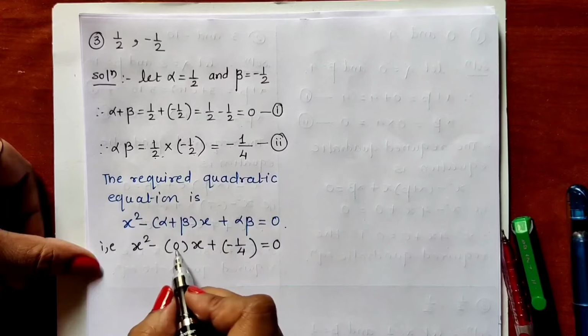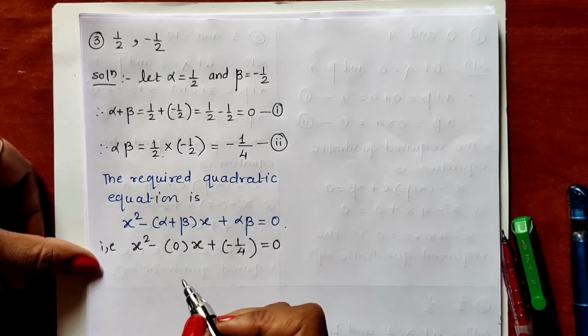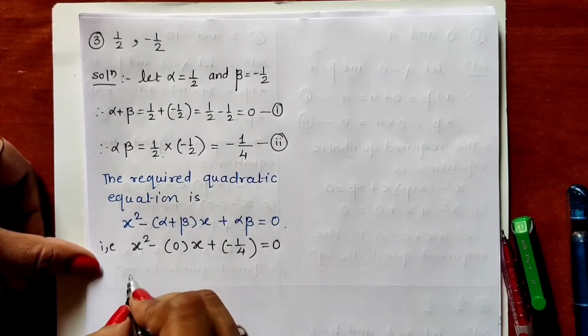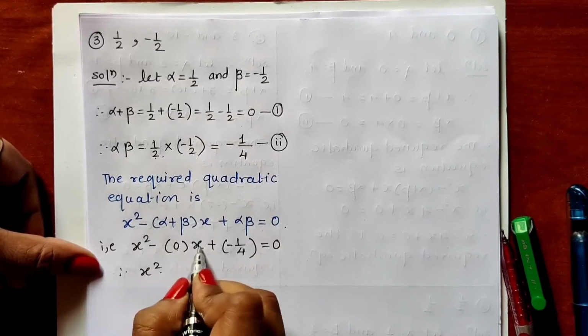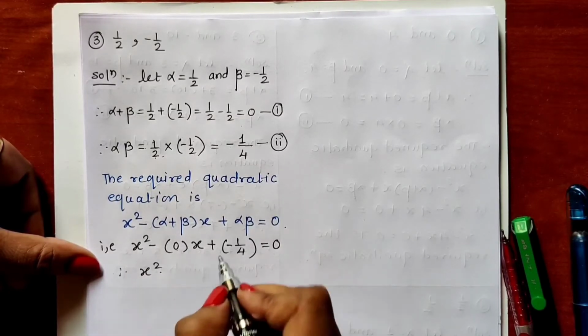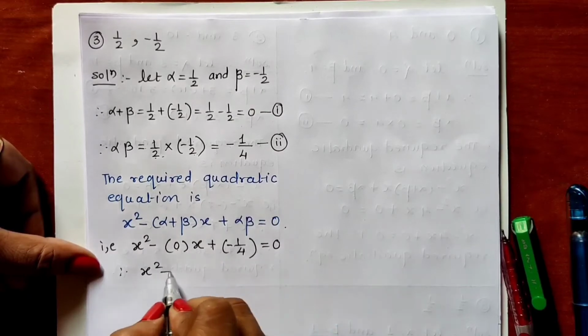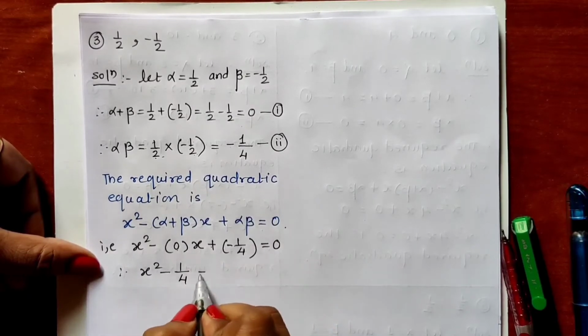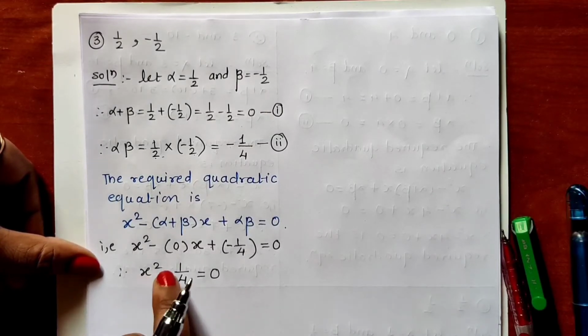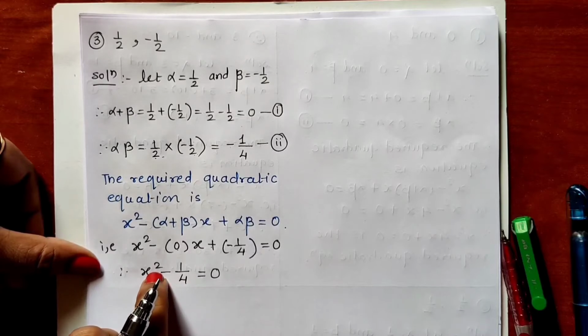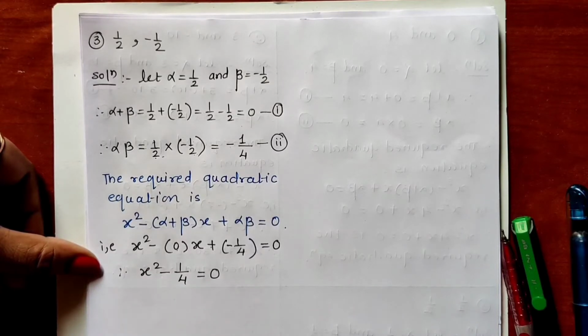So if you don't write 0x, because 0 into x will be 0. If you don't write middle term also it is okay. That is therefore x square, minus 0x we will not write, plus minus will become minus 1 upon 4 is equal to 0. This is also a quadratic equation. When there is one variable, single variable, and maximum index is 2, then that is also known as quadratic equation.